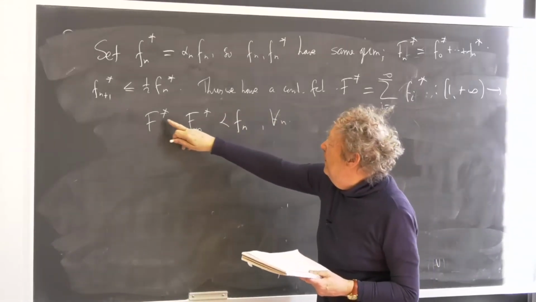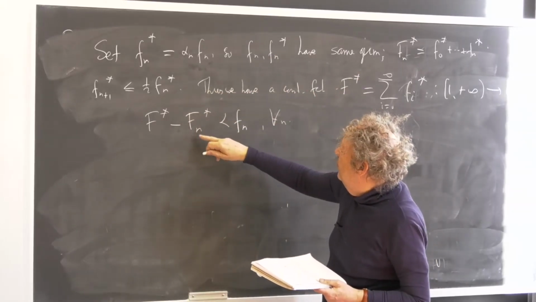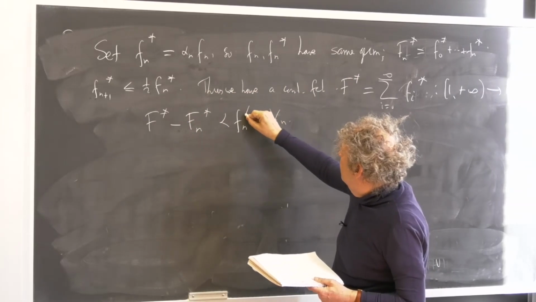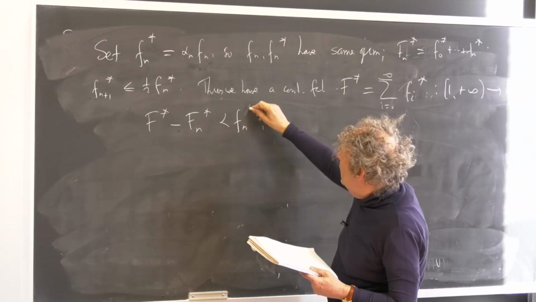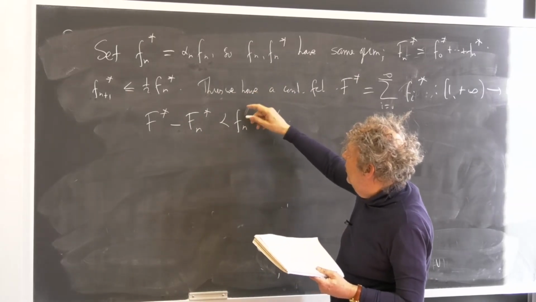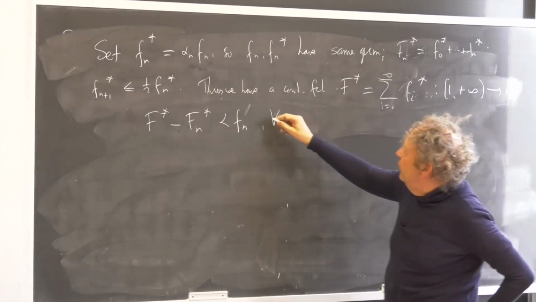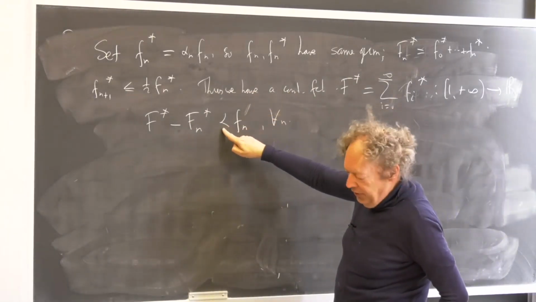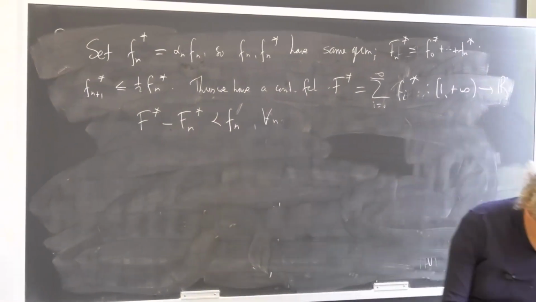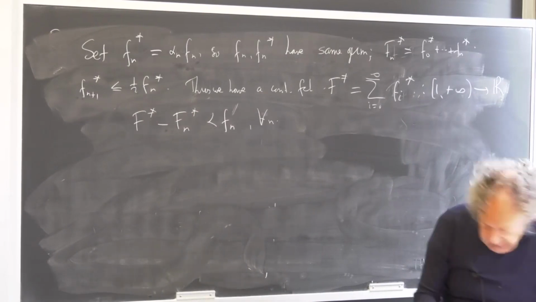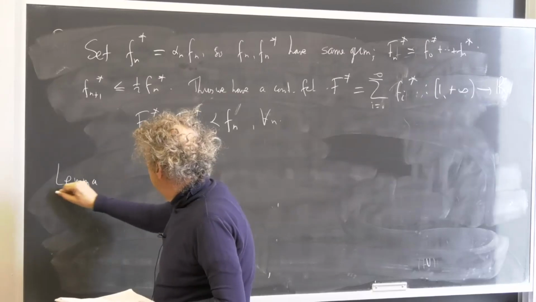We had this for the sum of the fn's, but it doesn't matter whether I write fn or fn star, since fn and fn star are the same when you go to the germs. This is now the lemma.